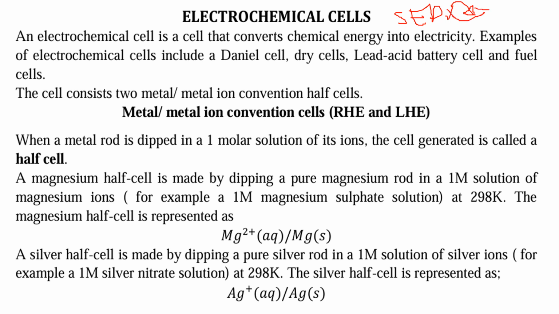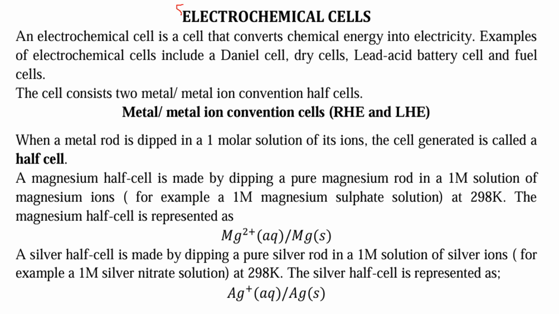Under this experiment, we saw that we are using the standard hydrogen electrode as our main electrode in determining the electromotive force, or the EMF, that is produced by the other cell, which in turn gives us the standard electrode potential. So in this video, we are going to be specifically looking at electrochemical cells.